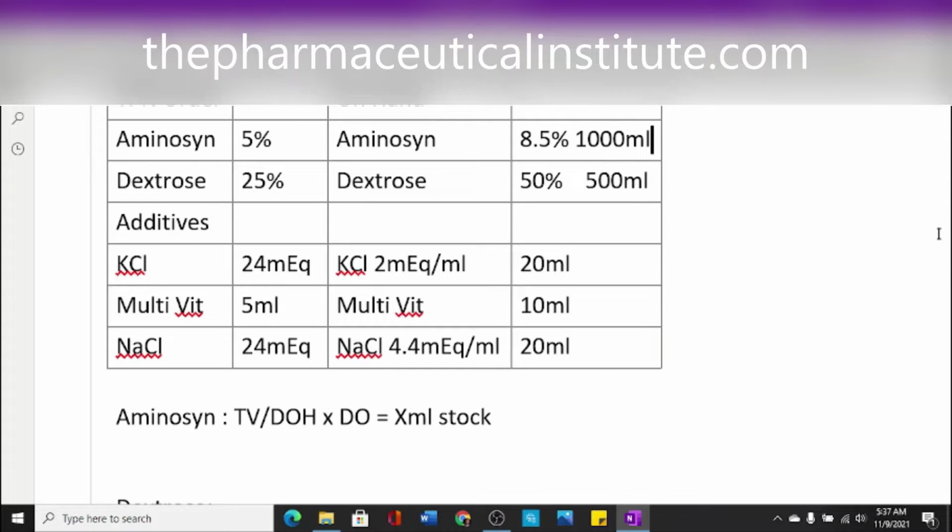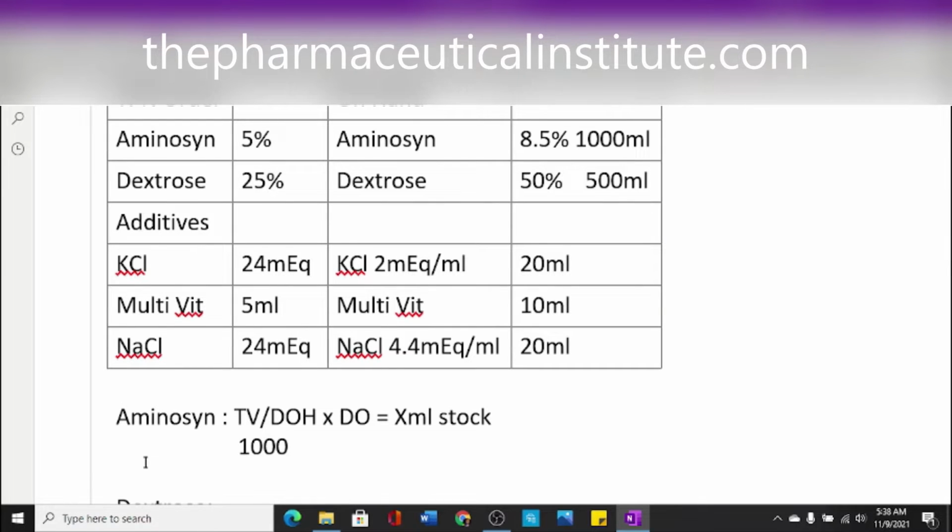Now, using the formula that we've been using in the past videos, take our total volume divided by our dose on hand, multiply it by the dose ordered by the physician, and that'll give us how many milliliters of our stock dose we need to get our dose ordered. So looking at aminosyn, our total volume is 1,000 milliliters.